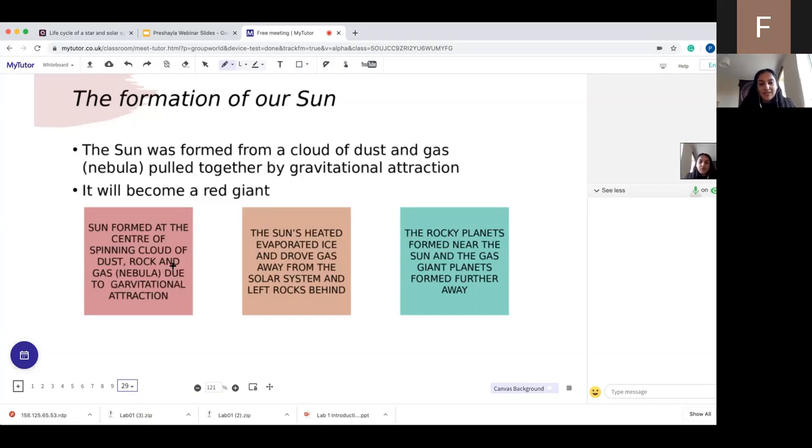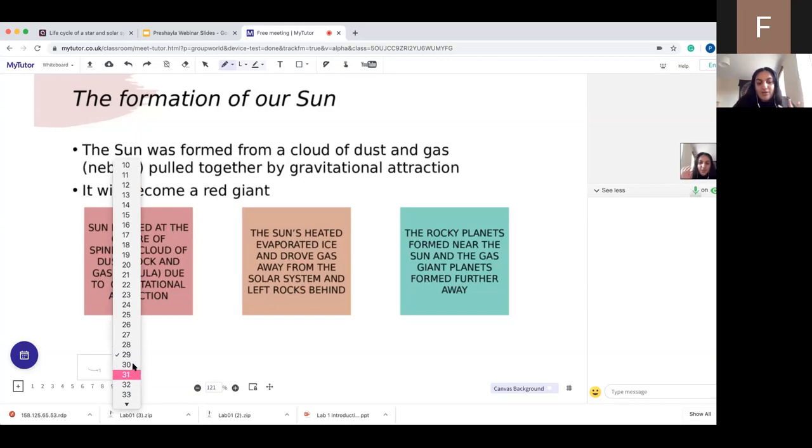So the rocky planets are formed near the sun, so Mercury, Venus, Earth, and the gas giants are formed further away. So the gas giants are Jupiter and Saturn. Okay, so this is how the solar system came to be and why they are in the order that they are. Gas giants, Jupiter and Saturn, and the rocky planets, Mercury, Venus, Earth. Okay, so how the sun came to be and how the solar system came to be.